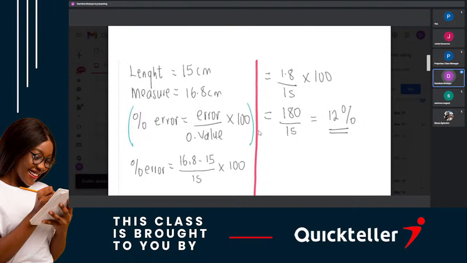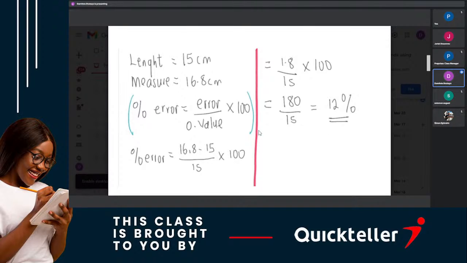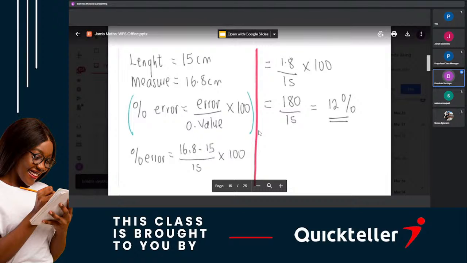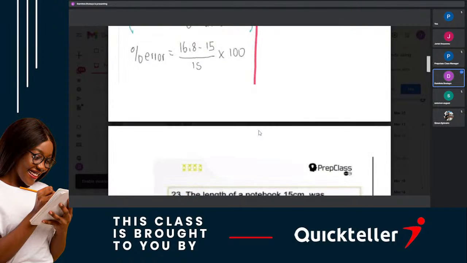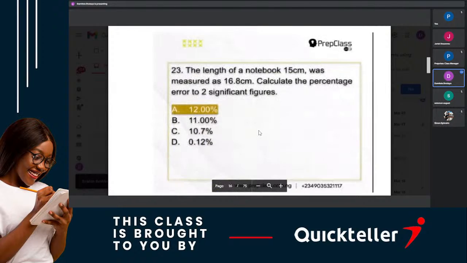Now, don't forget, whenever you are given a question on percentage error, you must subtract to get the error, and divide it by the original value. So this formula is all you have to keep in mind. I believe that one is quite straightforward, right? Yes. 12% is the answer.